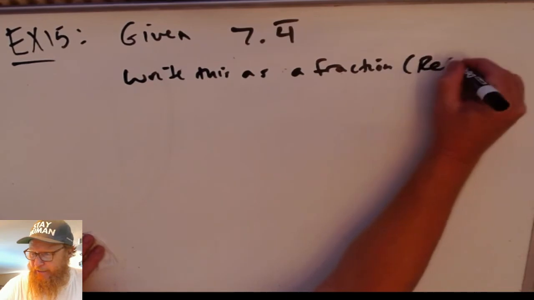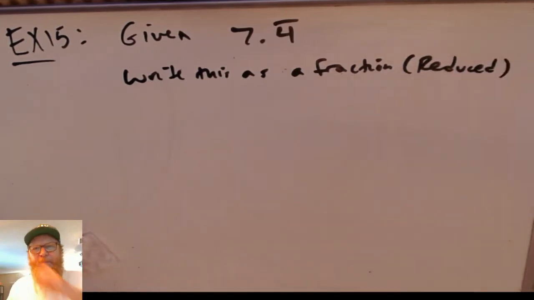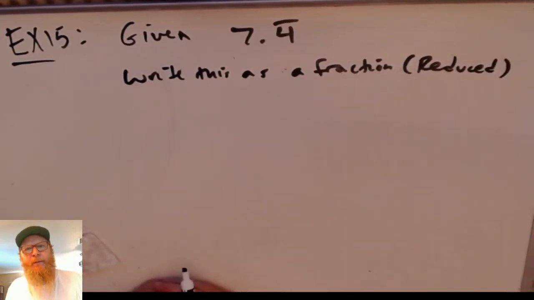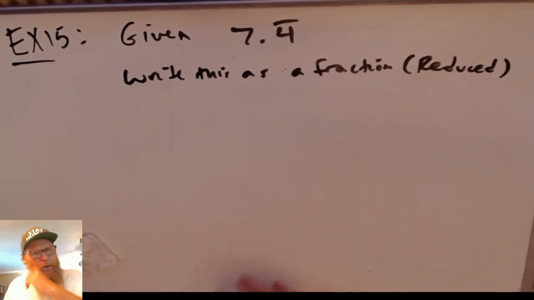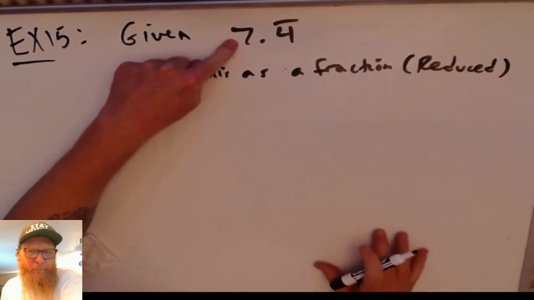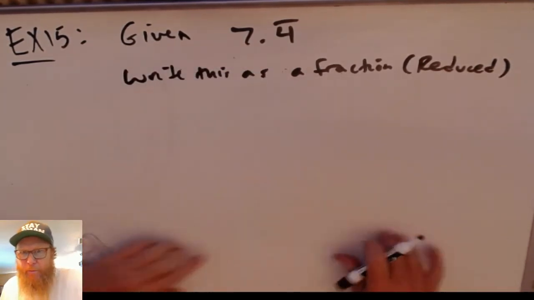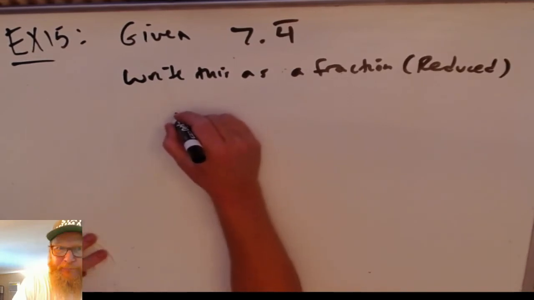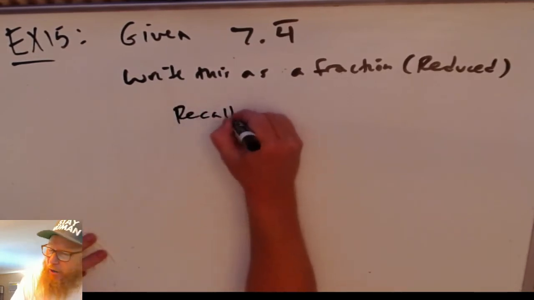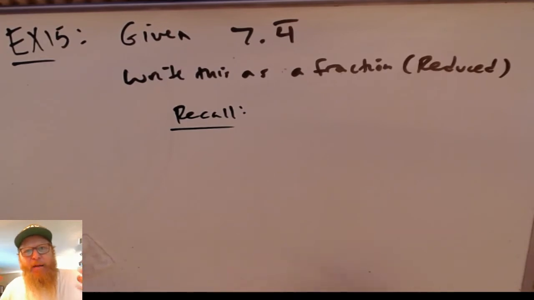And then, of course, it has to be reduced or simplified. All of these techniques that I'm teaching you, ignore the whole part until the very end. So you kind of know, okay, first I have to worry about the repeating part. So you got to start with a recollection. You have to remember something.